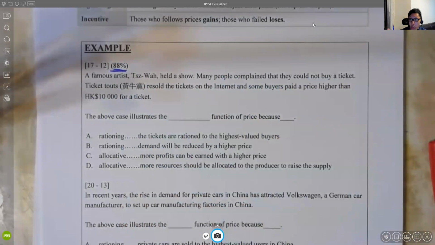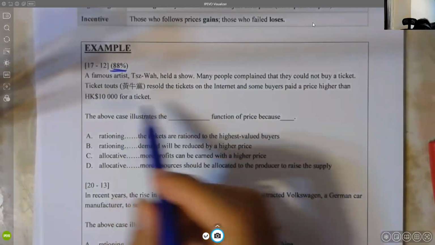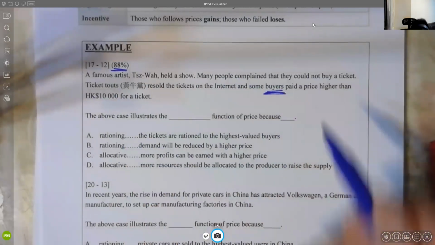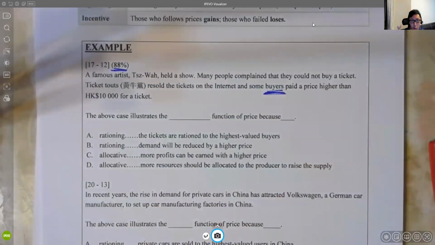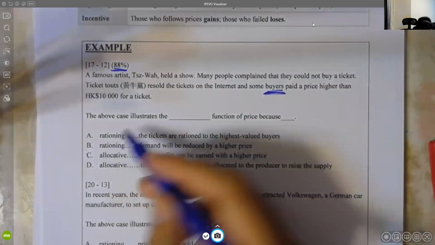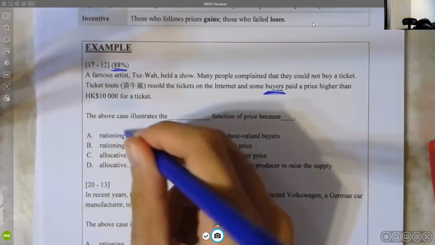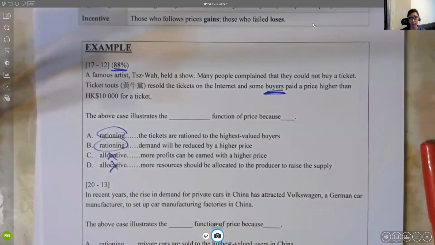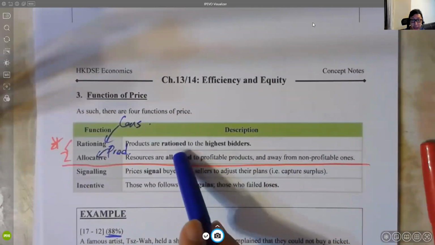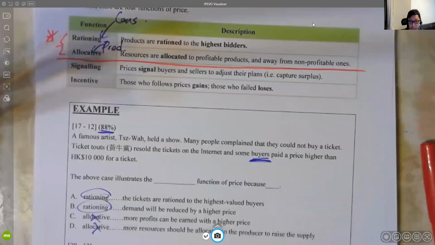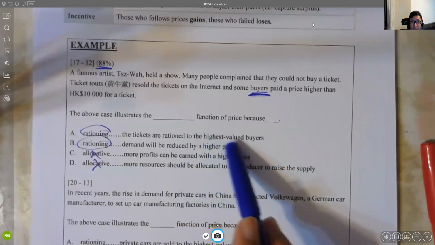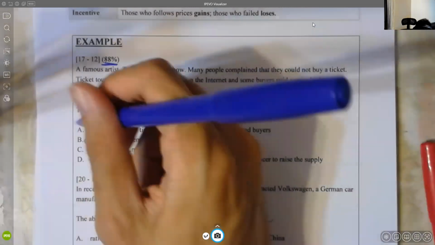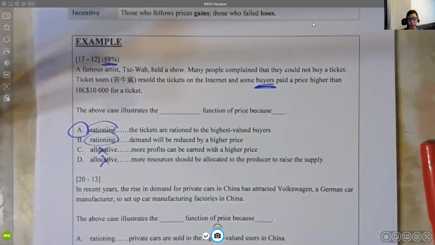So, in this case, remember, we are buying tickets, so we are talking about the consumer side. You will know that it must be rationing function, not allocative. 我哋講 buyer 嗰邊啊嘛，係咪？Because remember the written explanation is that it goes to the highest bidder, to the highest valued buyer. A is the answer that we want.